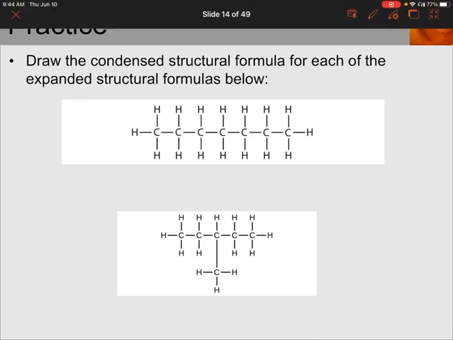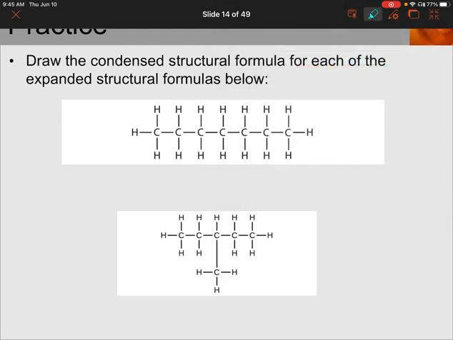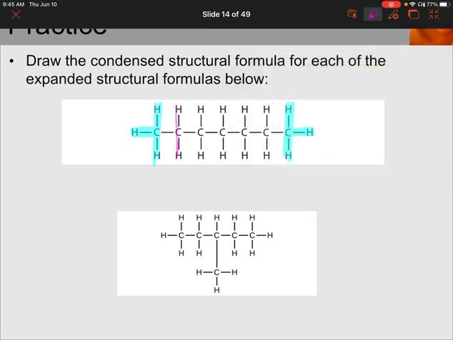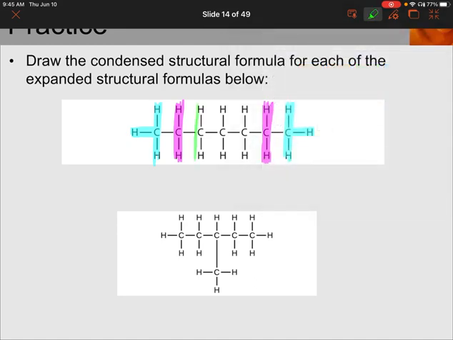Okay, so let's highlight our groups. So on this molecule, we have a CH3 on either end. Okay, and then we have CH2. Let's see, we can use green next.